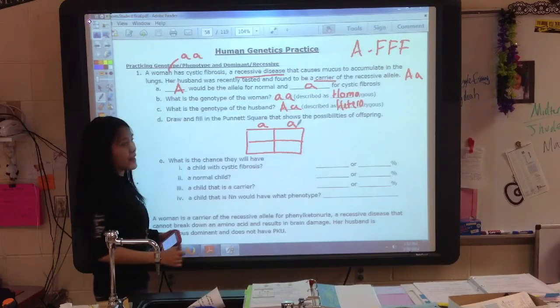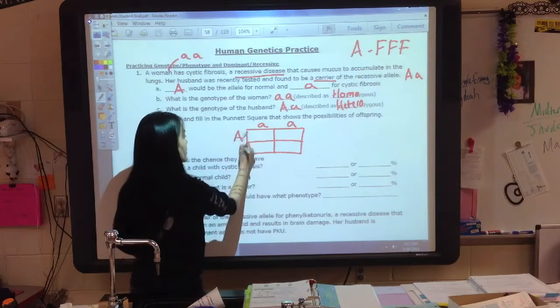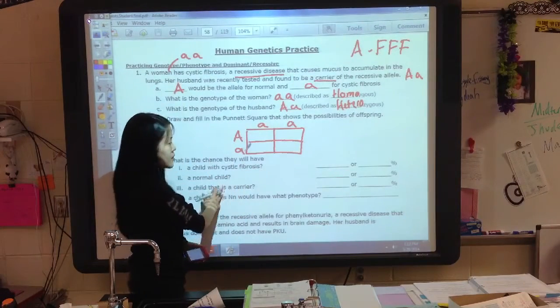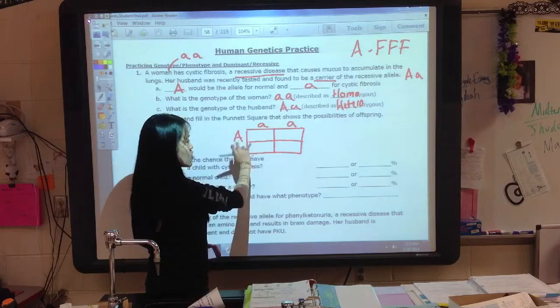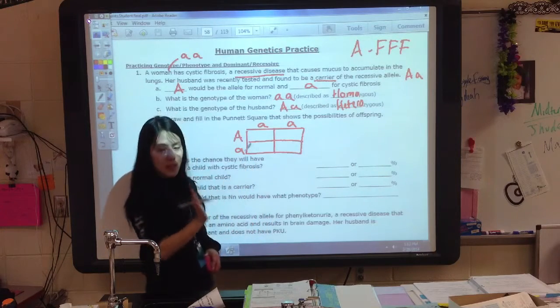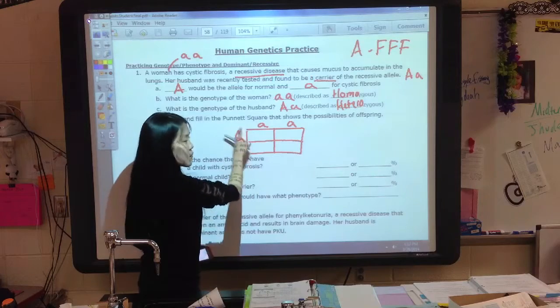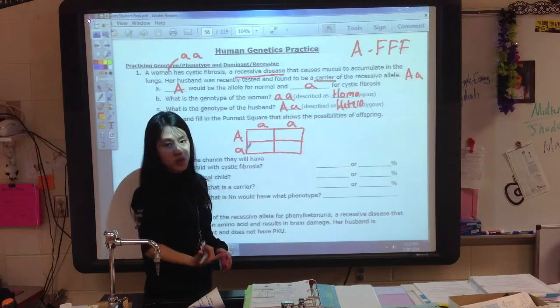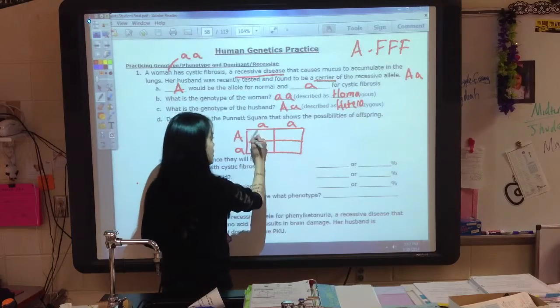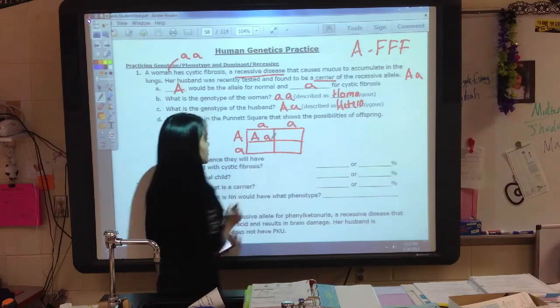And next, we had the dad, he was big A, little a. Homozygous mom, heterozygous dad. Whenever you're doing this, you're actually just going to drop the letters into the box. But one thing to keep in mind, if you have one capital letter, you always write it first, just like when you're writing the beginning of a sentence. So the first box here is going to be big A, little a.